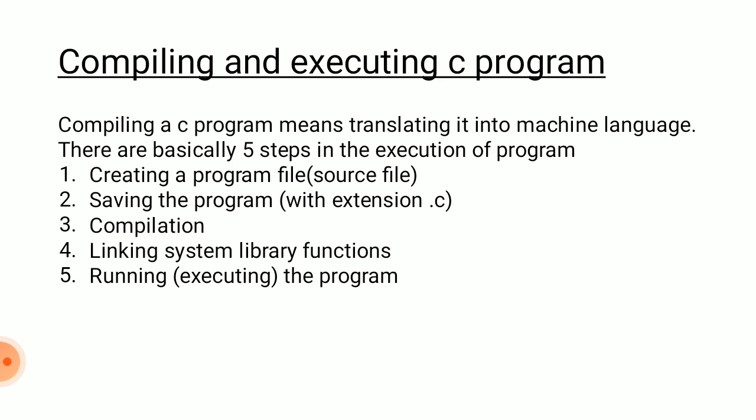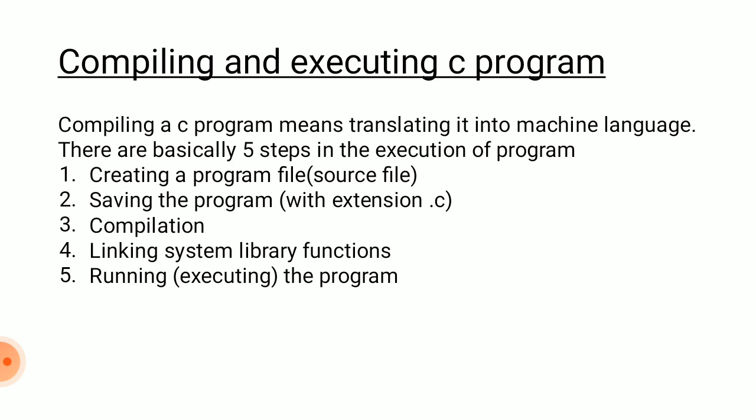After linking, there is the last step, that is running the C program or executing the C program. Okay. So when you write a C program, first write or create the program. Okay. After that, save the program with the extension .c, then compile it, link the system library functions and then run the program.